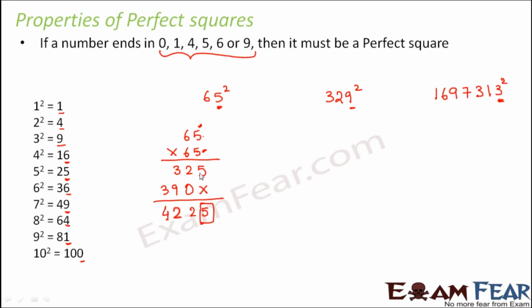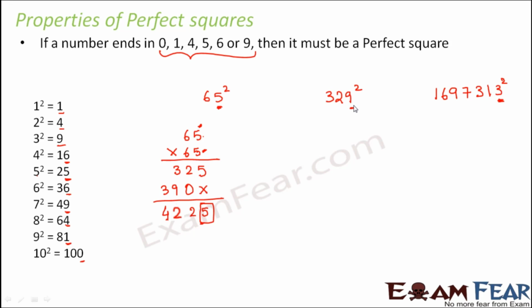So 5 multiplied by 5 is 25, that is 5 at the units place. Therefore, the result here also has 5 at the units place. So whatever a perfect square's base number has in the units place will decide what digit will be there in the units place of that perfect square.